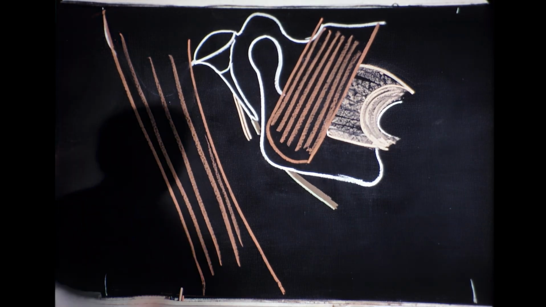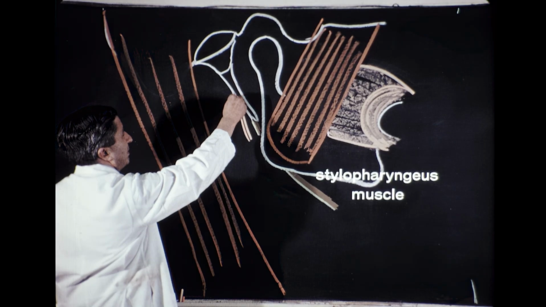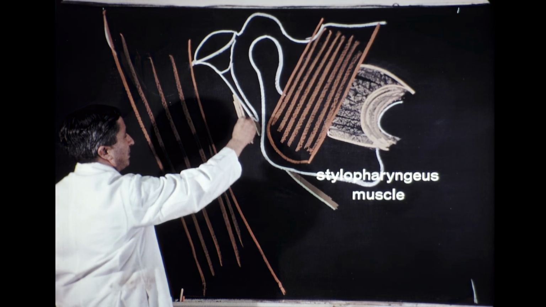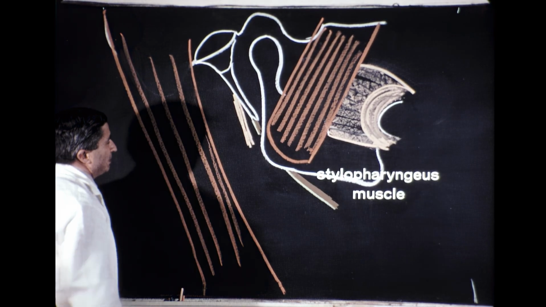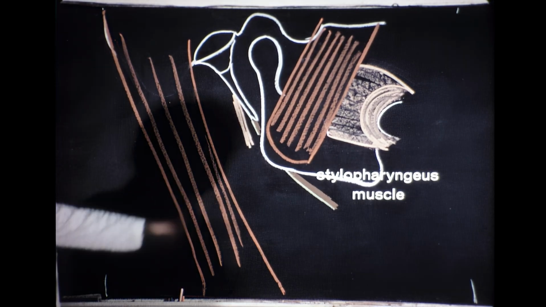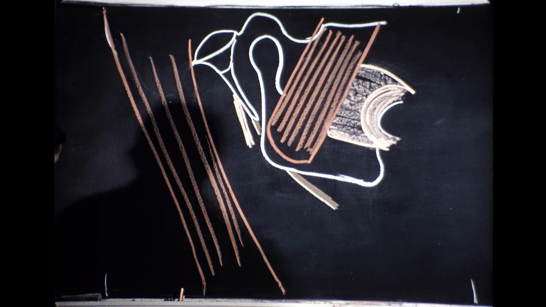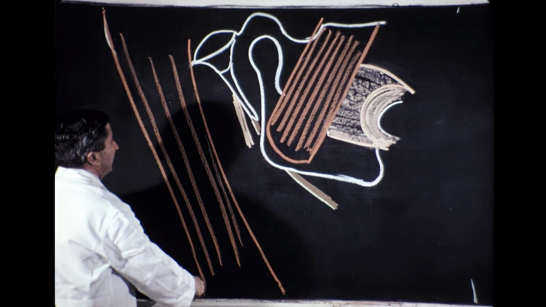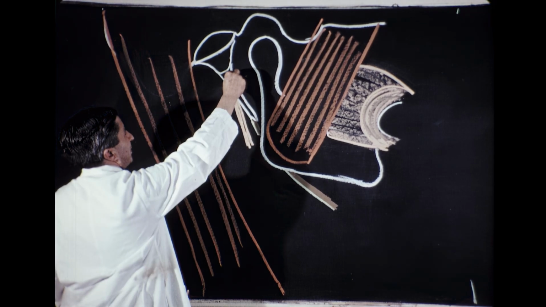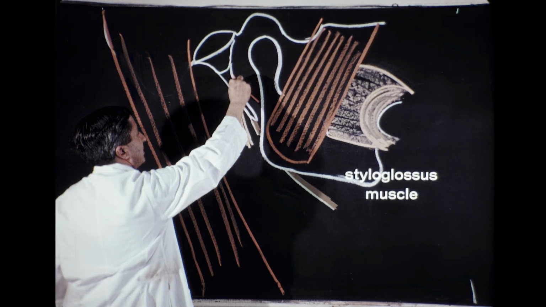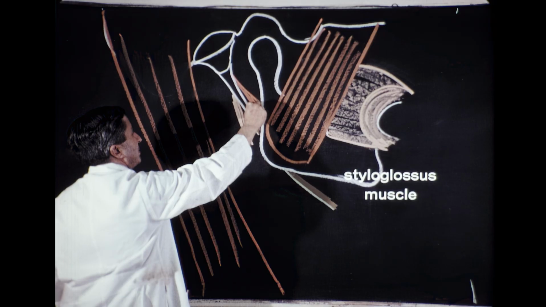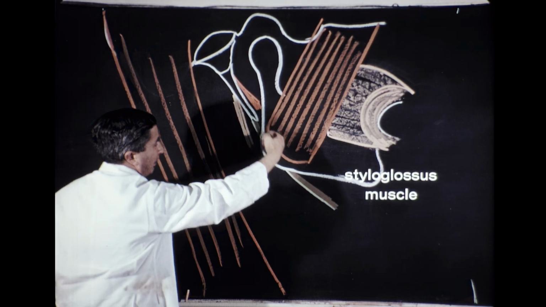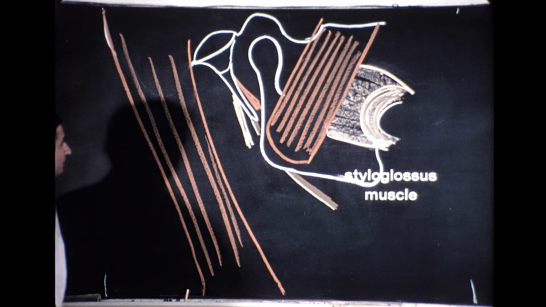The stylopharyngeus arises from the back part of the styloid process and passes down and will disappear between the superior and middle constrictor, and we'll just leave it there for the moment. And then we can put in the front here, arising from the front of the styloid process, the styloglossus muscle, which is coming down and disappearing behind the mandible and will pass down and sweep into the tongue.